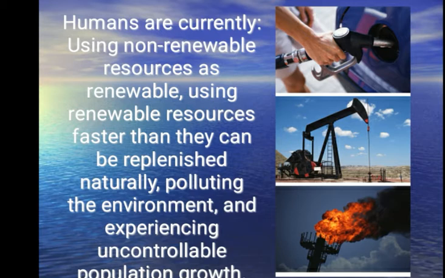So these are called non-renewable resources. So it is very difficult to replenish. ये फिर से हमको नहीं मिल सकता. So here, experiencing uncontrollable population growth is also a problem in environmental sustainability.